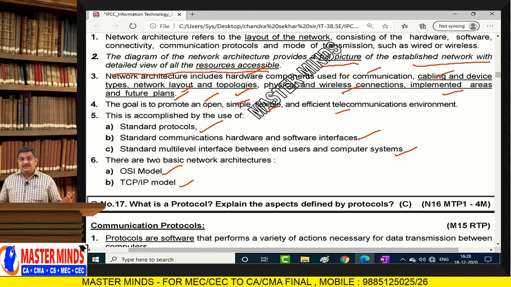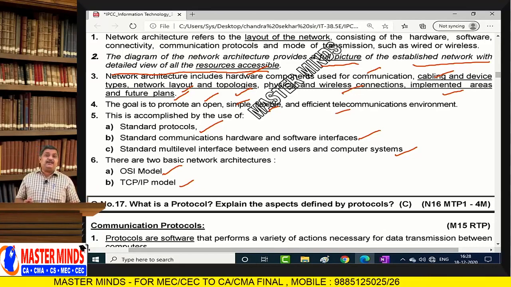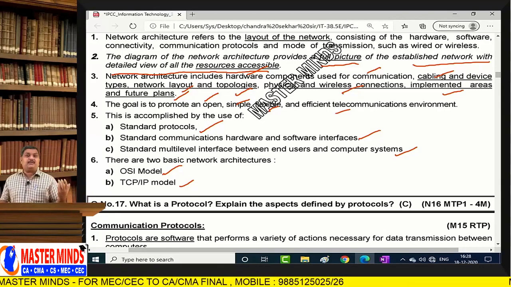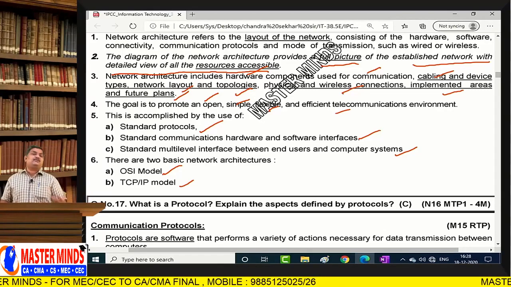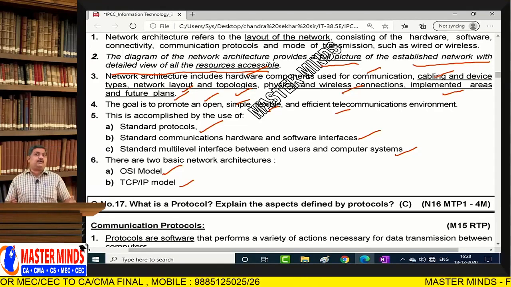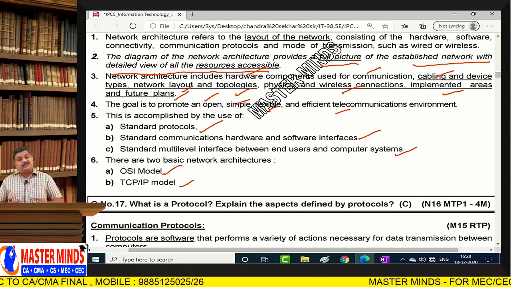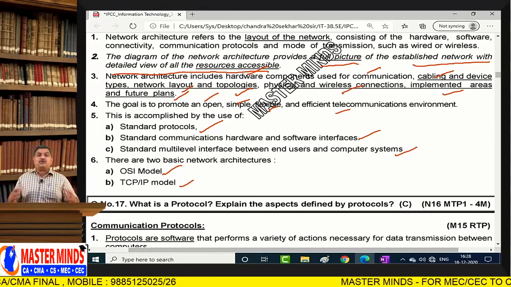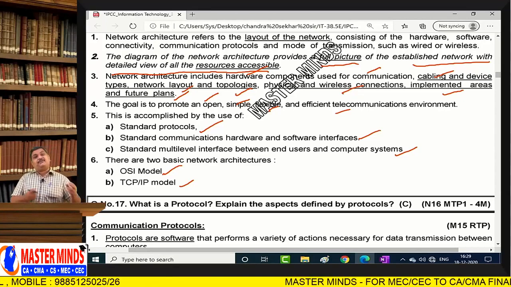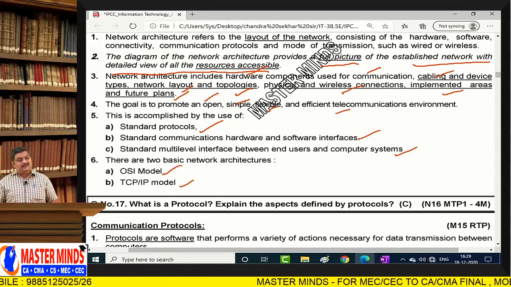Cables. Again in cables we have three: twisted pair cables, coaxial cables, fiber optic cables. These all things are required. Otherwise, if you don't want cables, at least you require some wireless communication like infrared rays, terrestrial waves. So some sort of communication mechanism is required to transmit data from one device to another device.